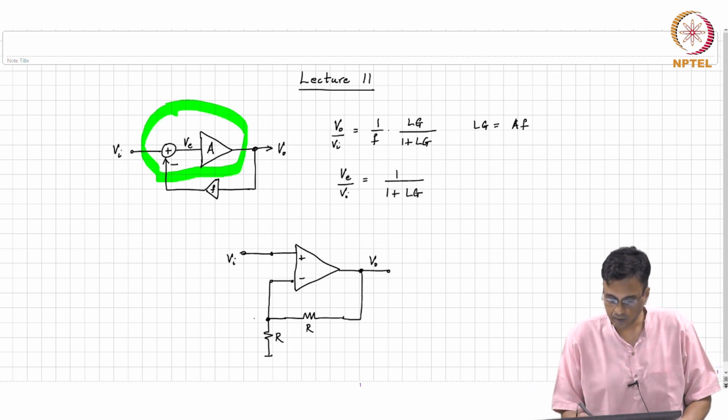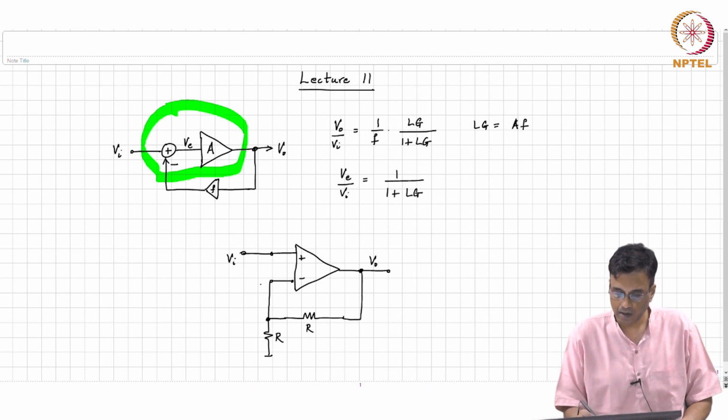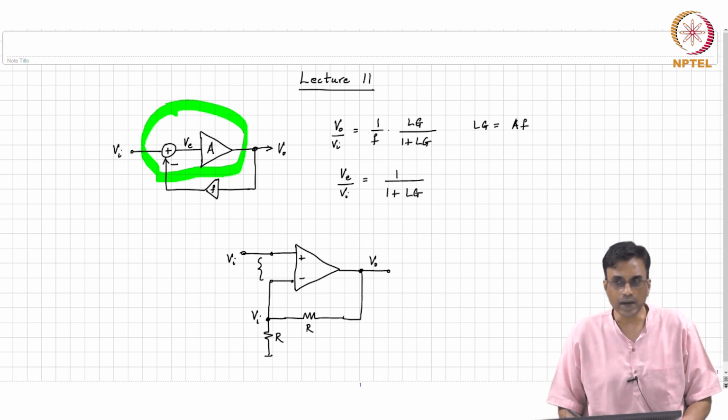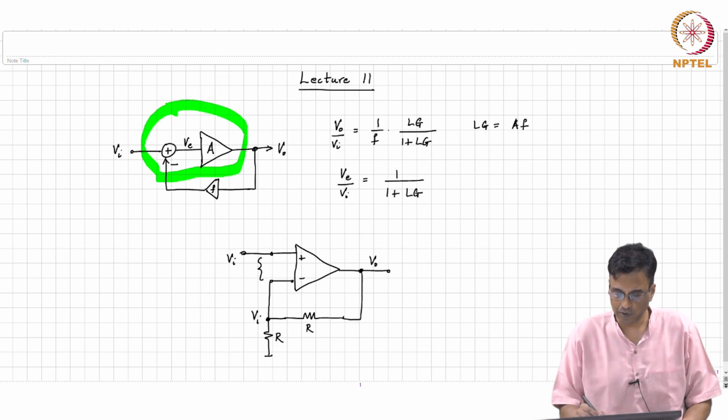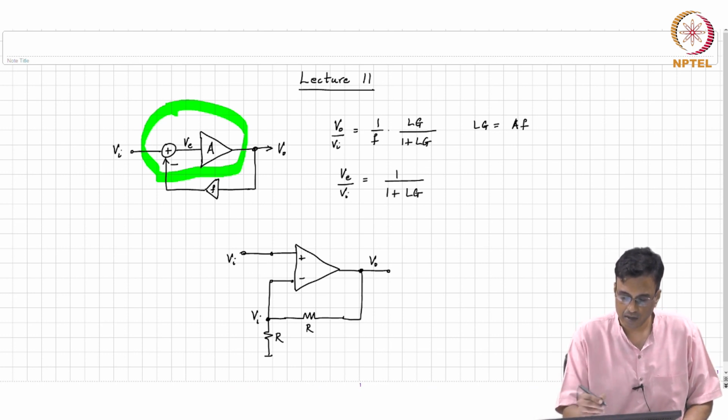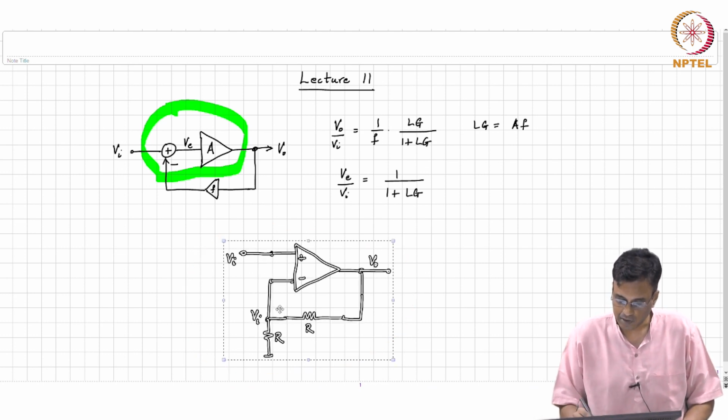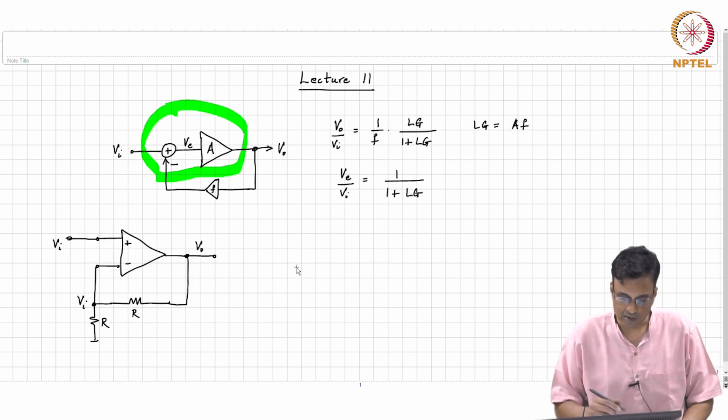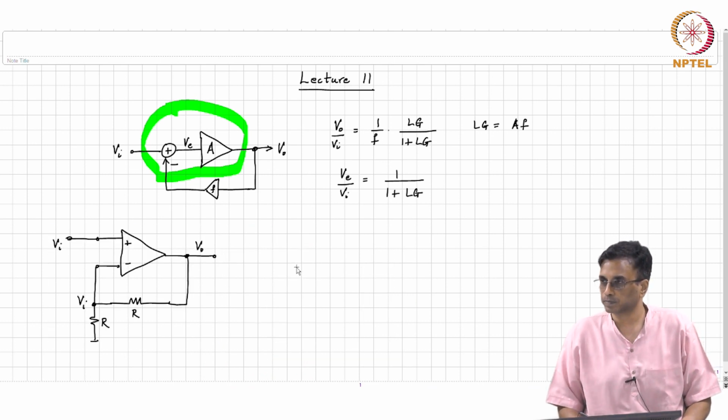If the op amp's gain is infinity, then clearly this difference is 0. That basically means this is Vi, which is the same as VO by 2, which basically means that the output is twice the input. This is all a very well known circuit from your childhood days, so it is not something particularly new.